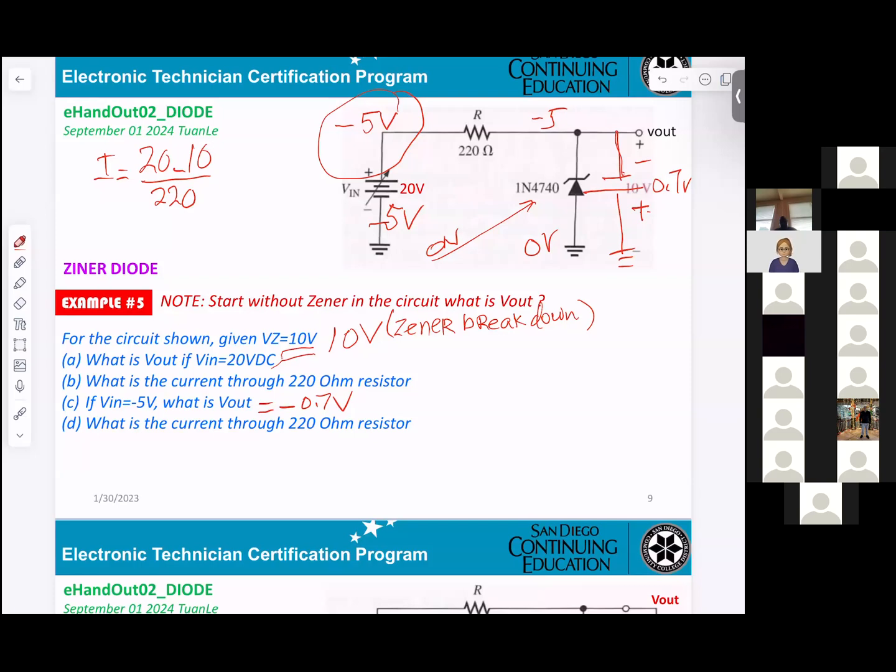Okay, so now you get this side will be minus, and they want to calculate the current I. I will be the difference between minus 0.7 minus minus 5, divided by 20.